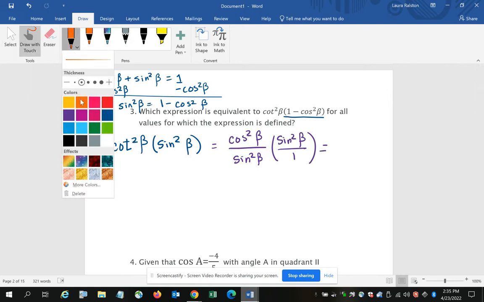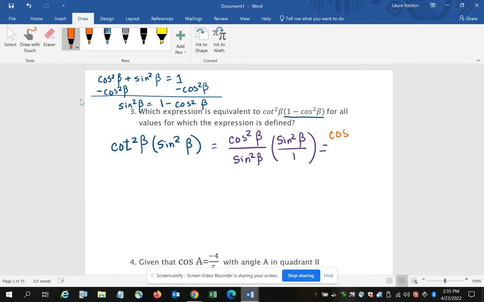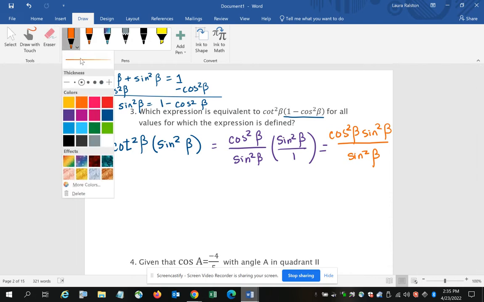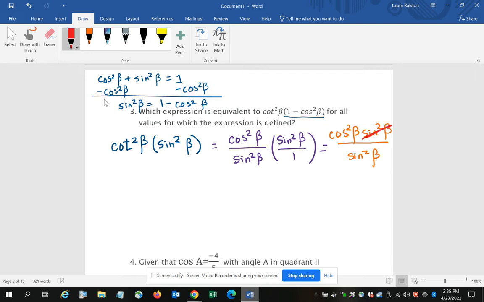When we multiply that, we have cosine squared beta times sine squared beta over sine squared beta. Notice that you have a sine squared beta in the numerator and the denominator, which will divide out. So you have cosine squared beta over 1, which simplifies to cosine squared beta. And there's your answer.